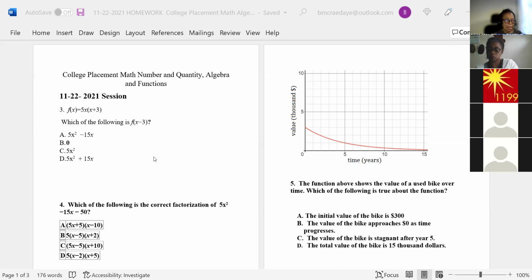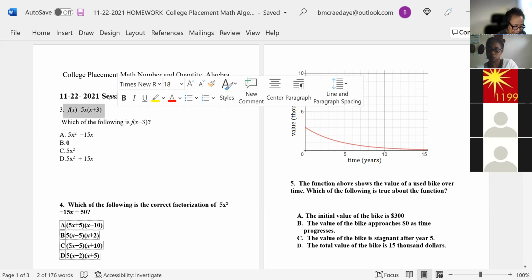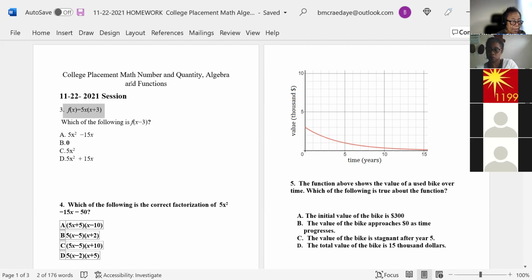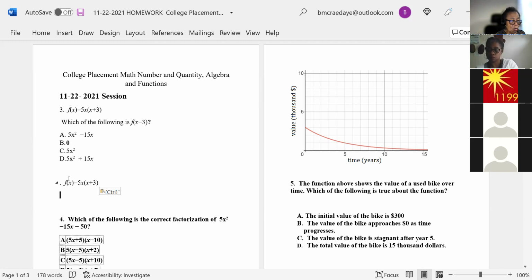Okay. Now, this is the function. So let's just copy this function. And this says f of x equals 5x times x plus 3. And we're looking for what?